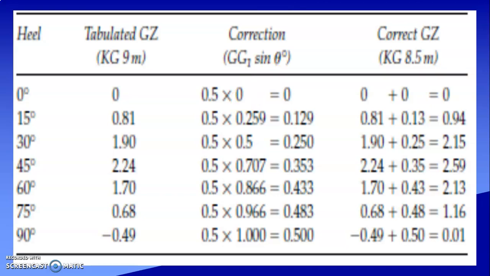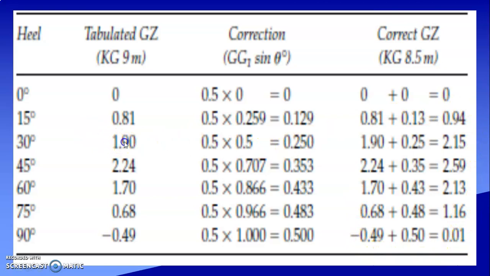At the end, the last column is the corrected GC for a KG of 8.5 meters.